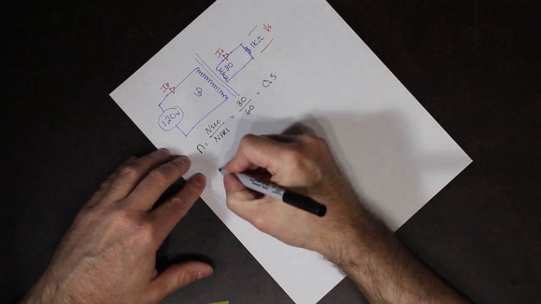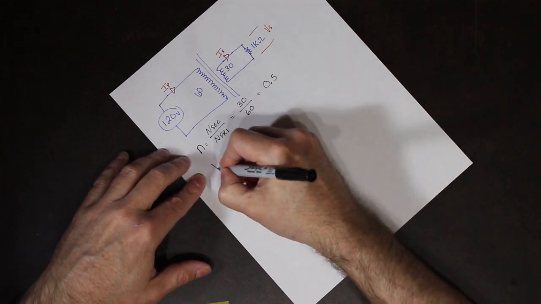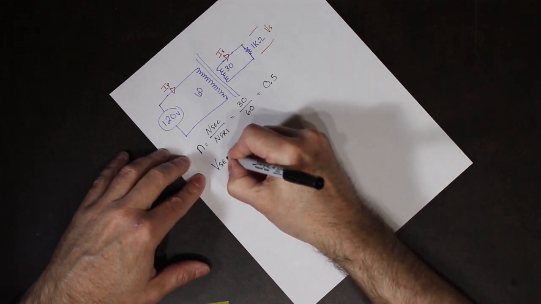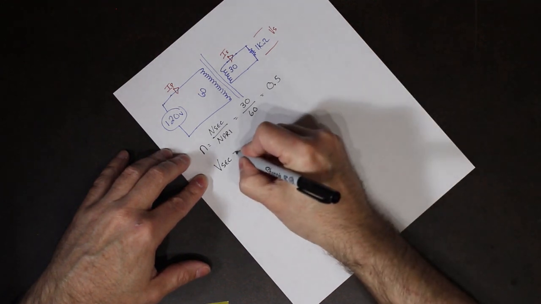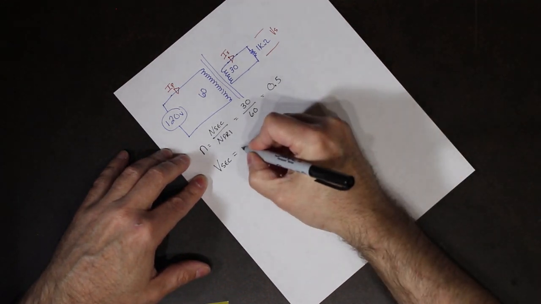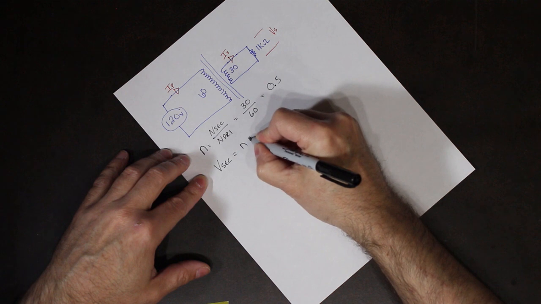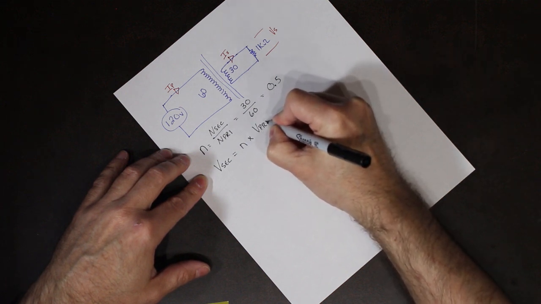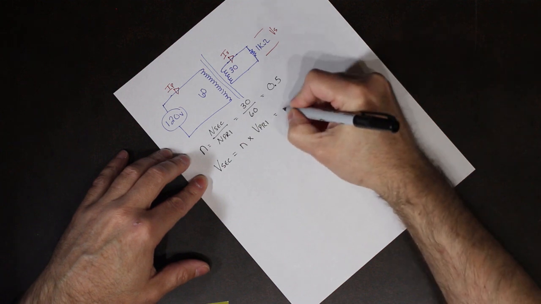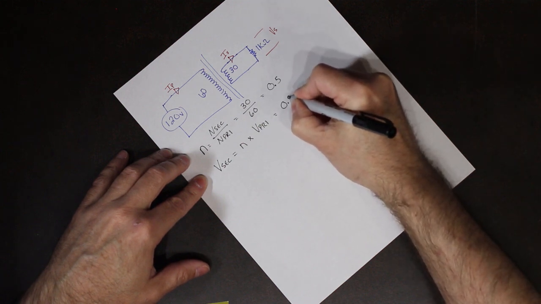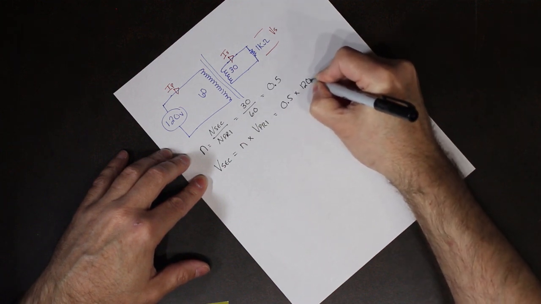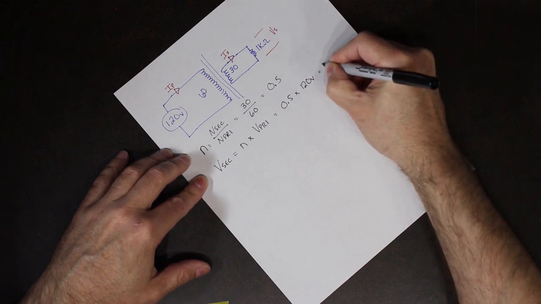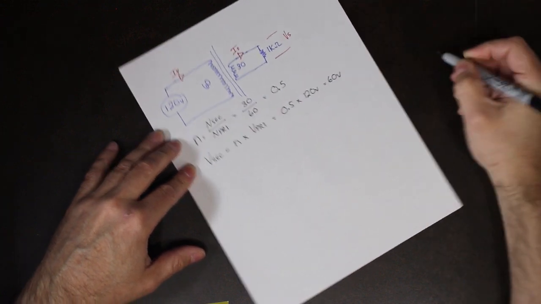Just like before, the voltage on the secondary is equal to the turns ratio times the voltage on the primary. In this case, it's 0.5 times 120 volts, giving us 60 volts.